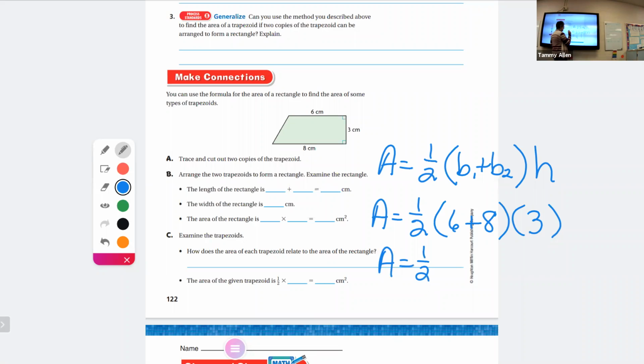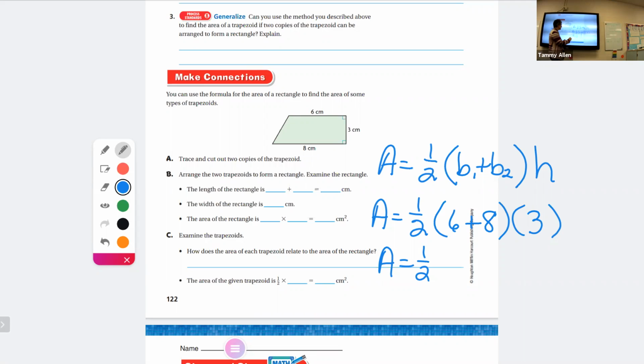By order of operations, what do we have to do first? Ezra? Pardon? I couldn't hear you. Multiply what? Nope, we don't do that first. Eduardo? Yep, we're doing the parentheses, addition.